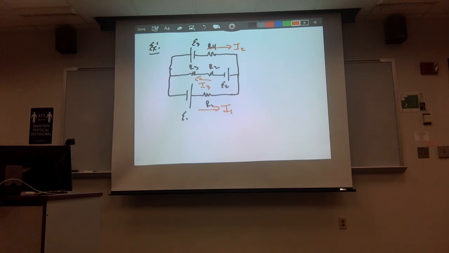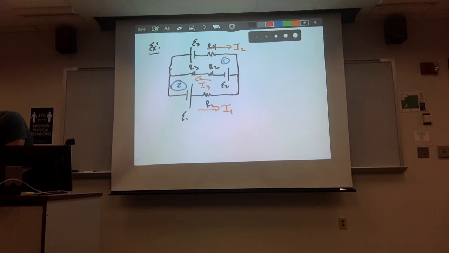So now we have to choose which loops we're going to look at. What loops do you want to use? The big one and a small one, or the 2 small ones? 2 small ones. Okay. Let's call this loop number 1 and this loop number 2. What directions do you want to go around each of those loops? Clockwise on both? Okay.